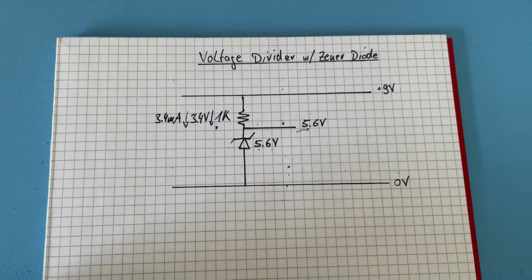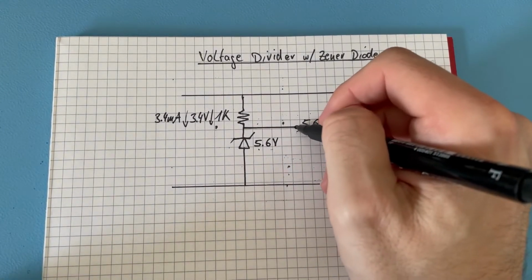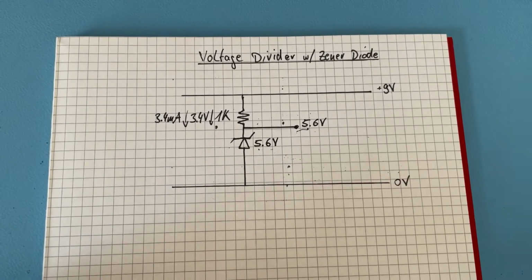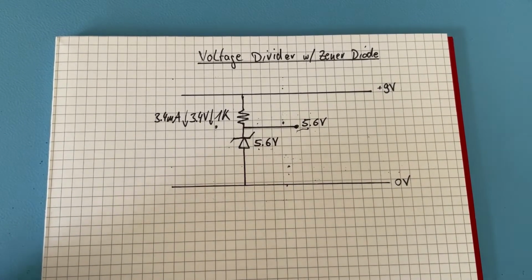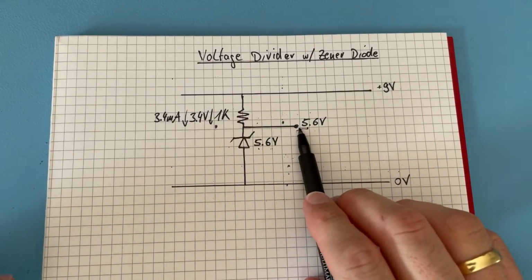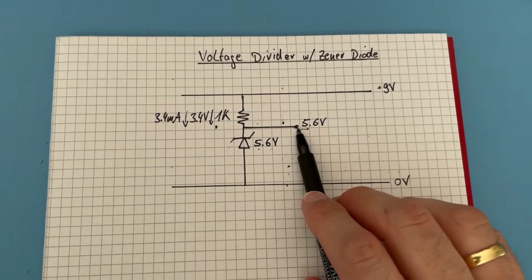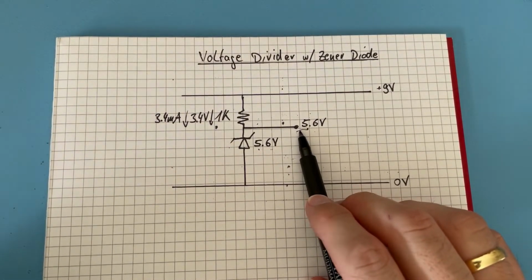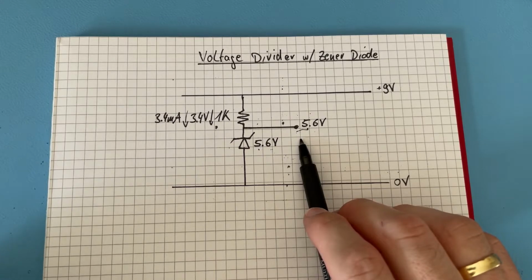So that's the basic setup with the Zener diode, 5.6 volt output without a load.